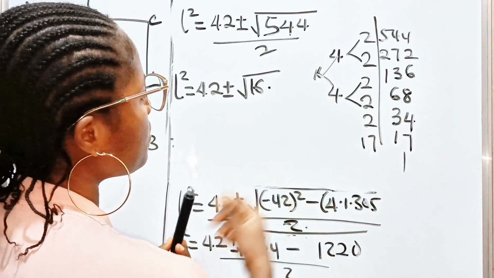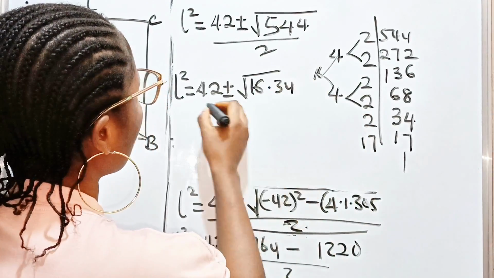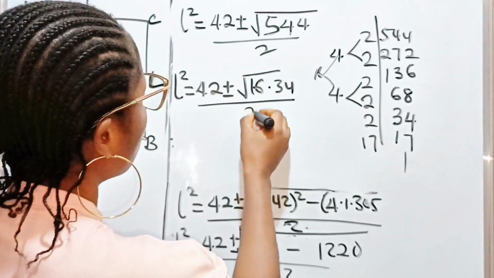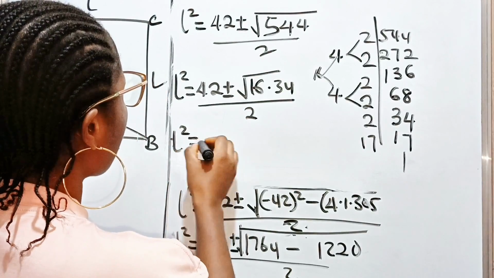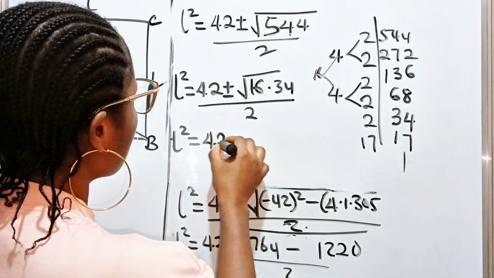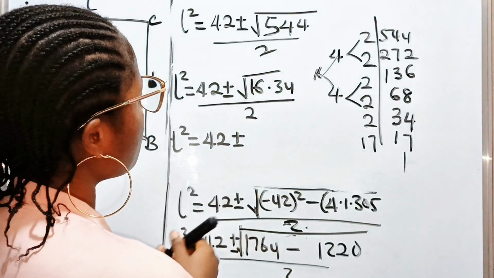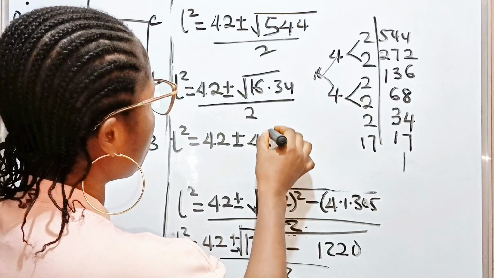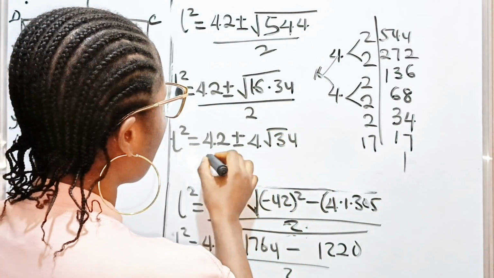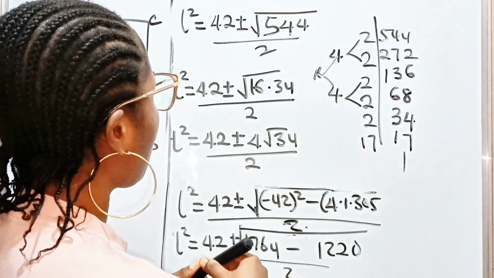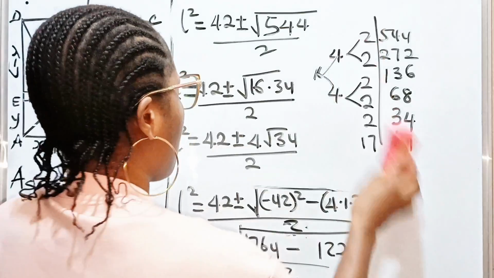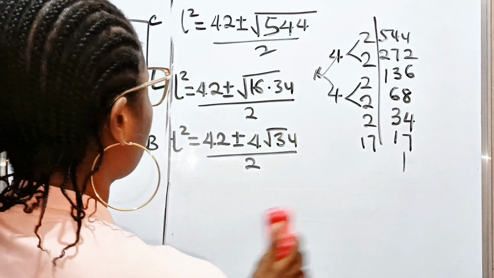Okay, so 2 times 17 is 34, divided by 2. So L squared is 42 plus or minus the square root of 16, which gives us 4. So we have 4 root 34 divided by 2.